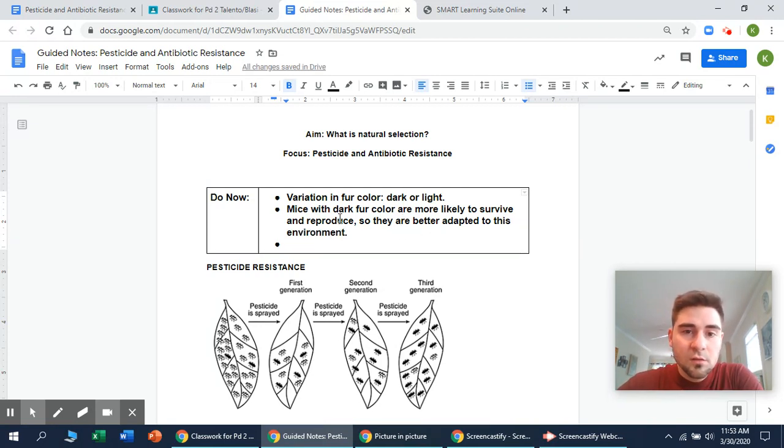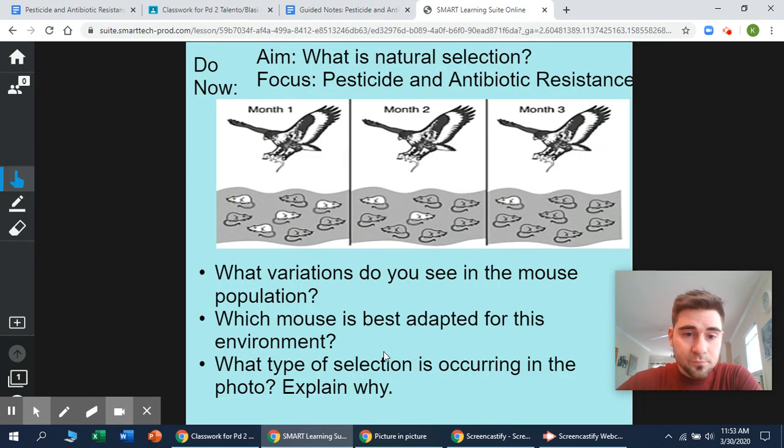Since having a dark fur color here means they're harder to see in the dark background, they're camouflaged. Since they're more likely to survive and reproduce, that means they're better adapted to that environment, okay?